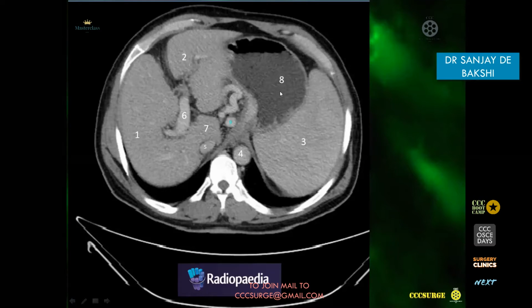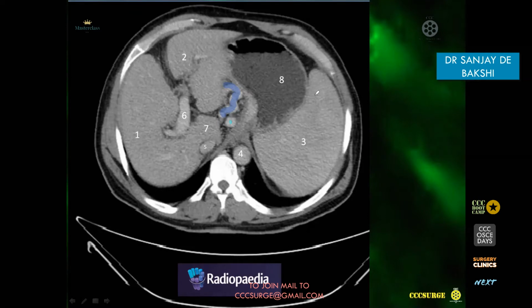Now I showed you the hugely distended veins, didn't I? But there's one vein I purposely didn't mark out. That is this, that is 9. Now you tell me what is 9, now that you've seen that diagram that I showed you. Very good, absolutely right.